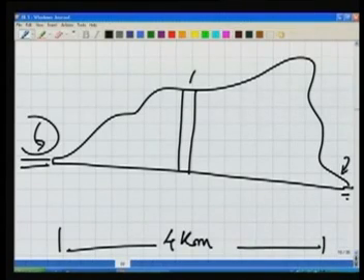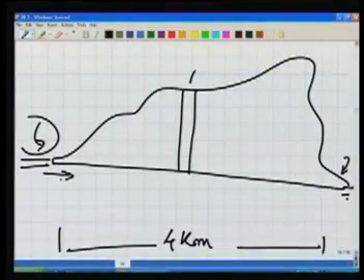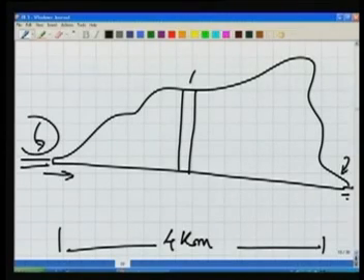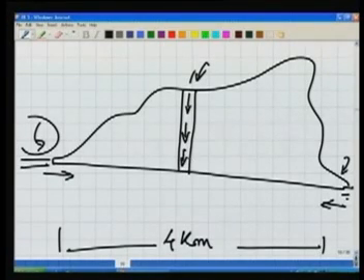Now the challenge for the surveyor is that he has to give directions to this party in order to move in a particular direction, maintain a particular gradient. Similarly for this party also and this party also, how much to dig in the shaft so that you are at the formation level of the tunnel or at the center line of the tunnel.